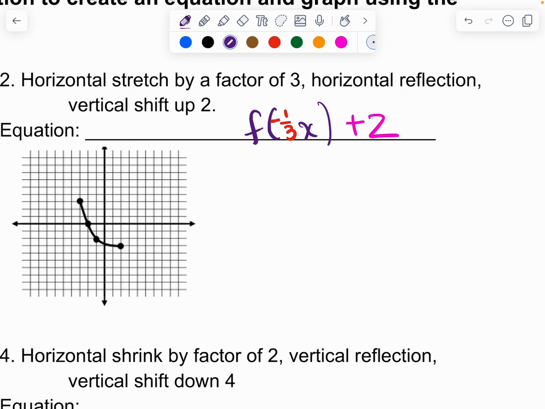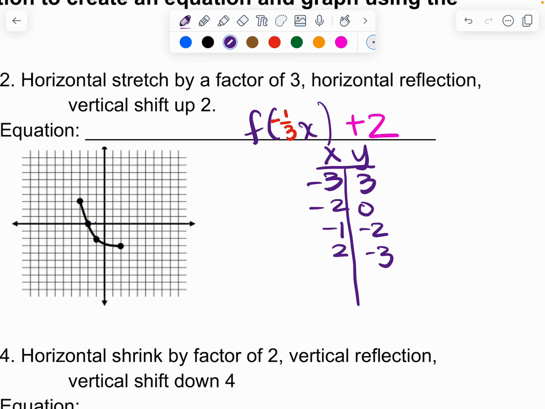So let's write down the original points. So this is 1, 2, 3, negative 3, 3, negative 2, 0, and negative 1, negative 2, and 2, negative 3.